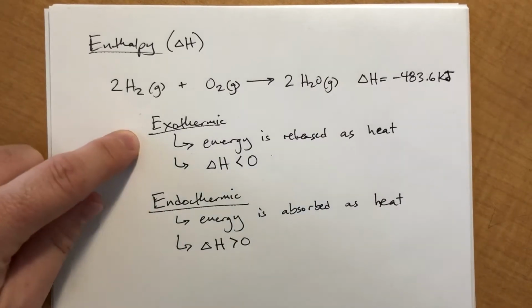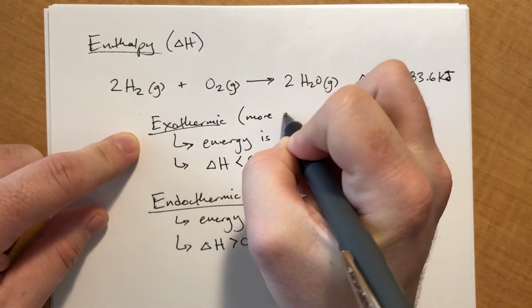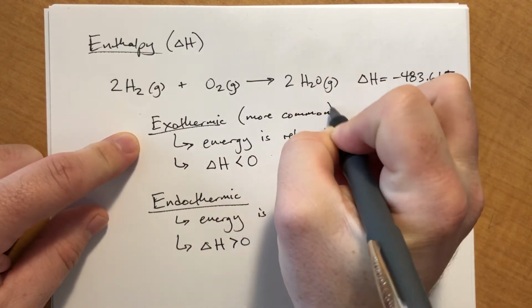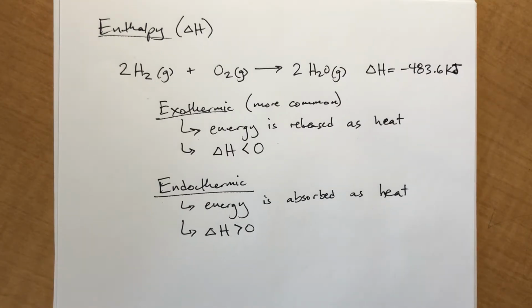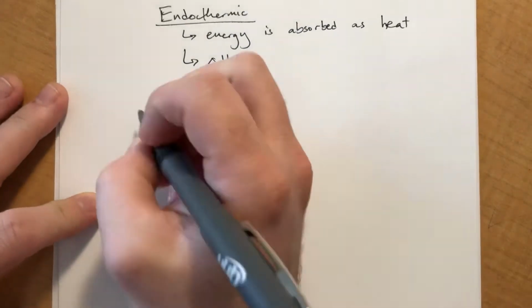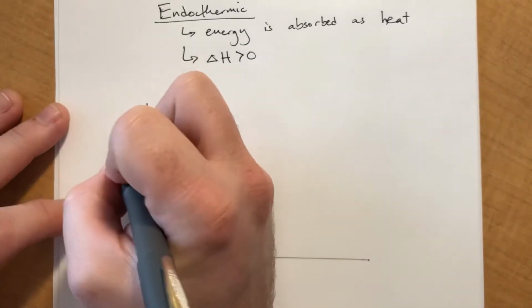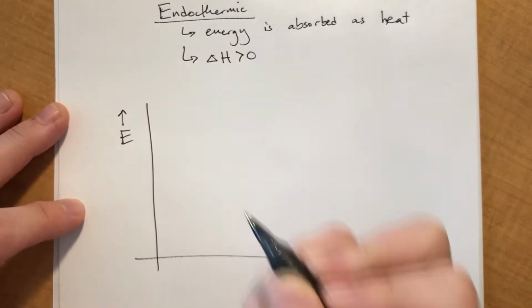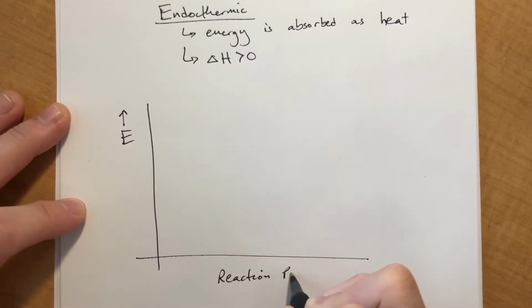I will tell you that exothermic is way, way more common. Okay, and here's why. Typically what we're looking at is the energy difference between the reactants and the products. So I'm going to draw a little diagram here. Okay, so what we have on this axis is energy, and this is just reaction progress.